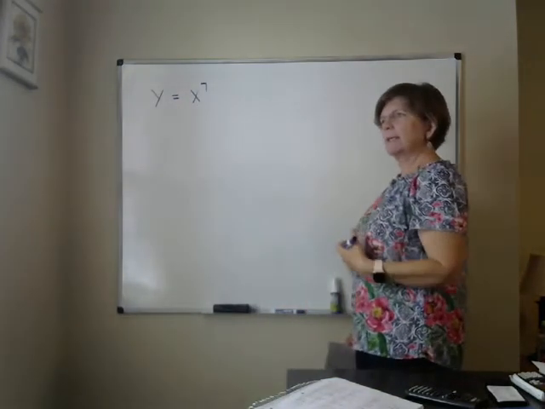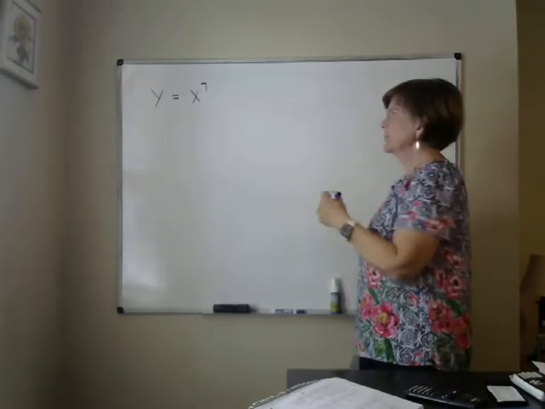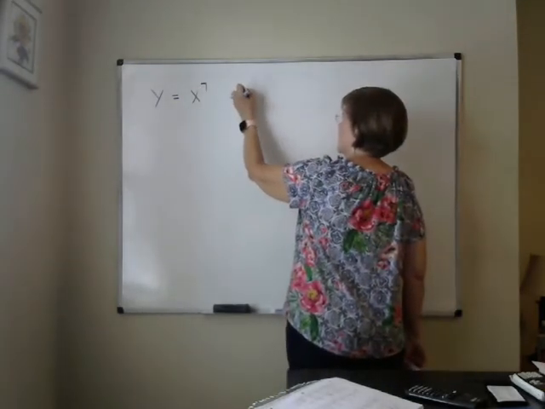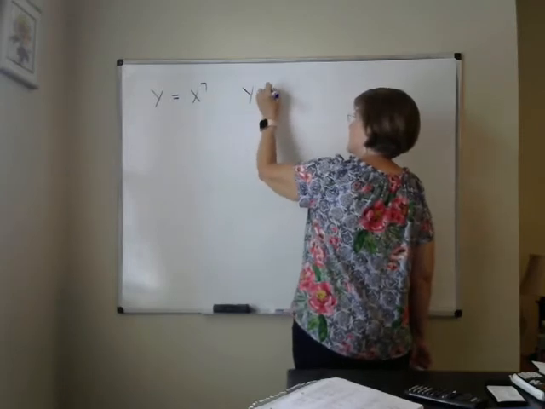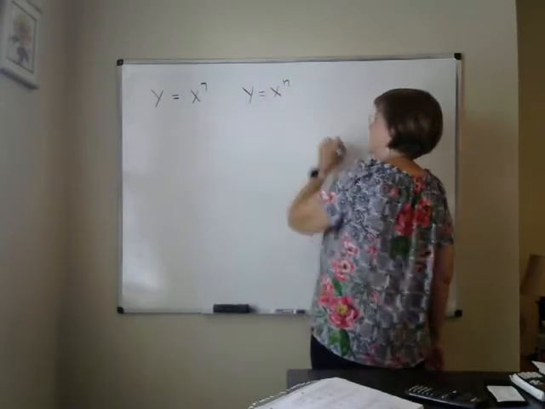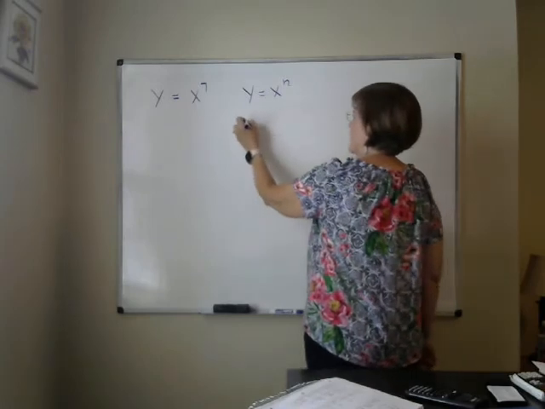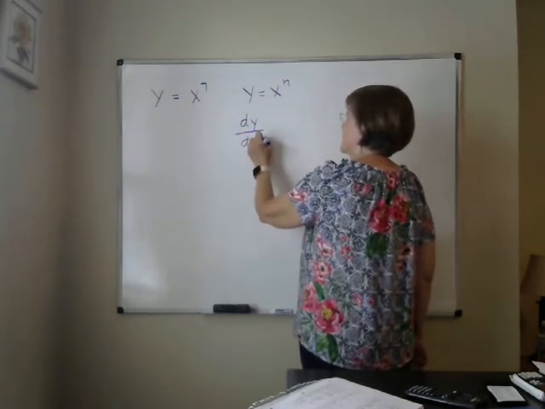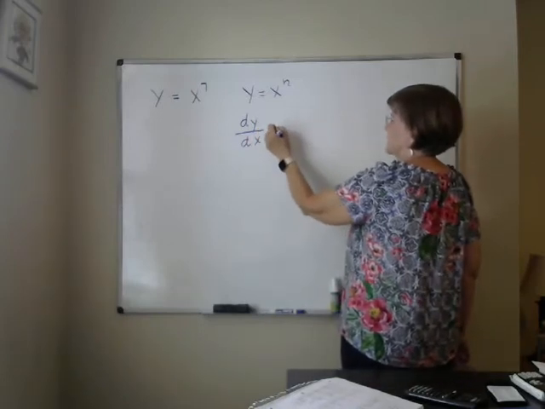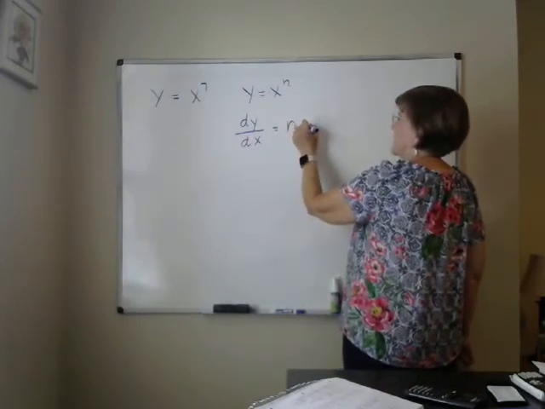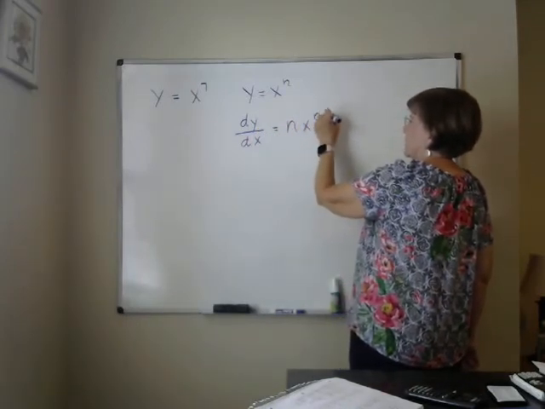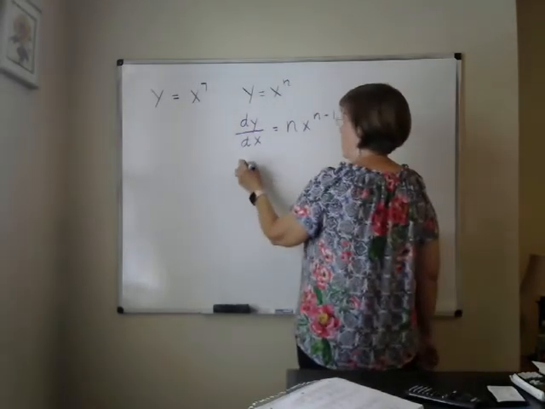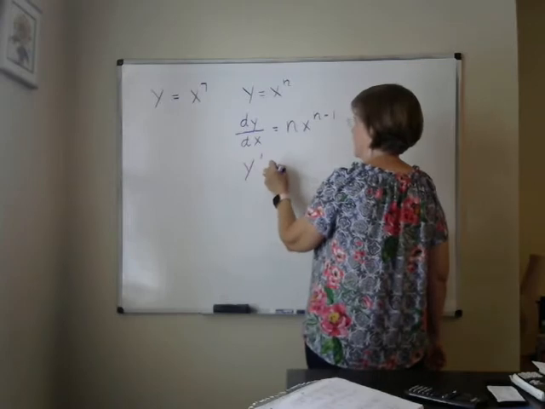The rule says that the derivative, for any polynomial, let's go more basic, y equals x to the nth, we can write that as dy/dx. That means the derivative of y with respect to x, it will equal n times x to the n minus 1, or that can be written as y prime.